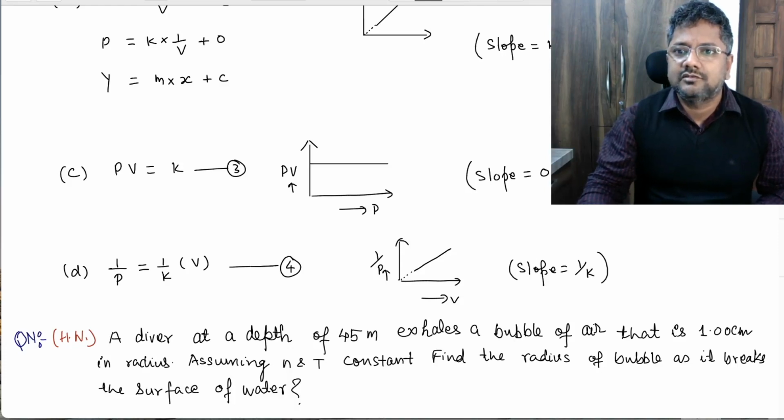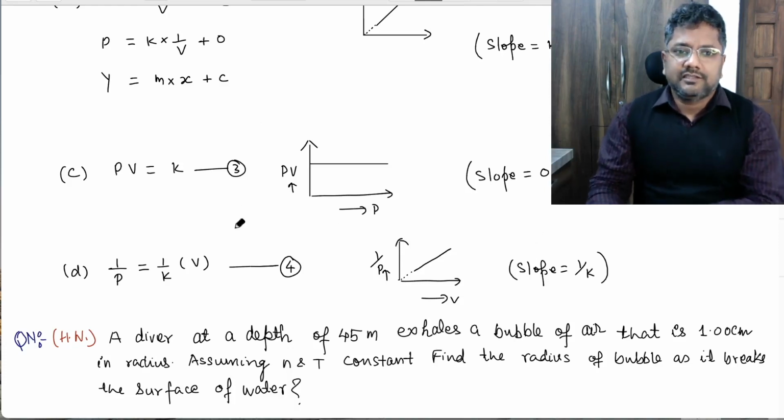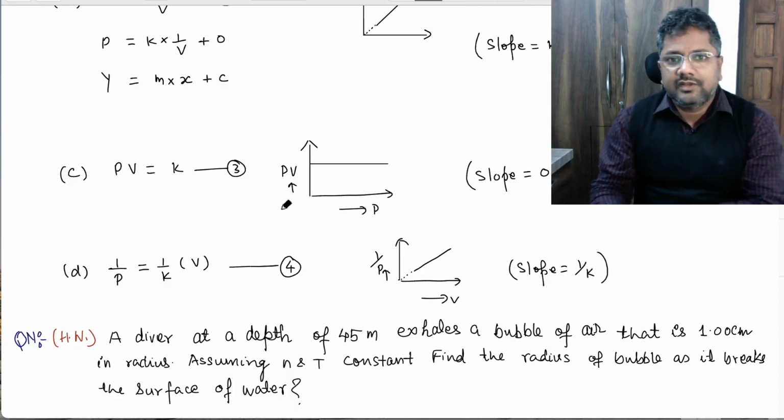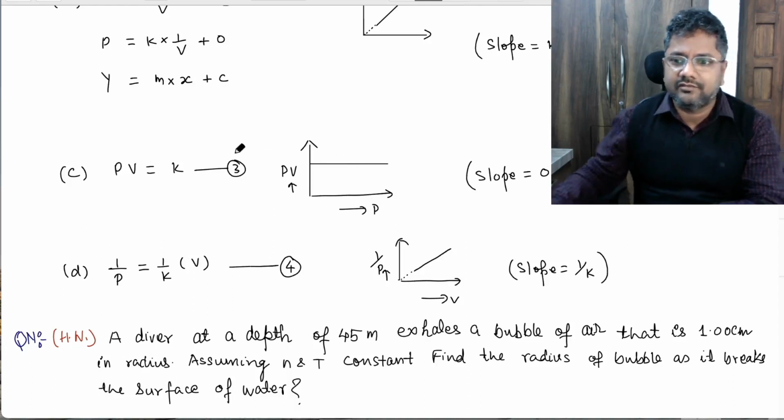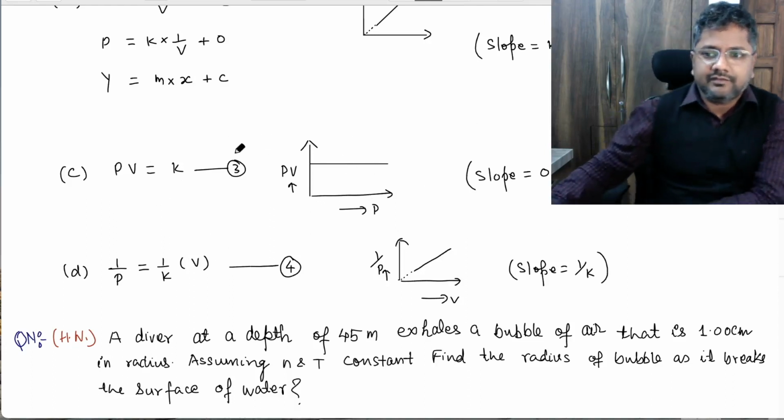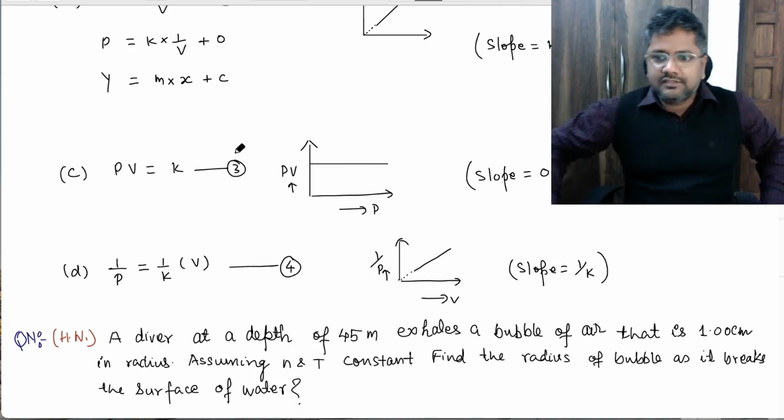So in case of B, C, and D, you will have a slope and a linear plot between the given variables, right?